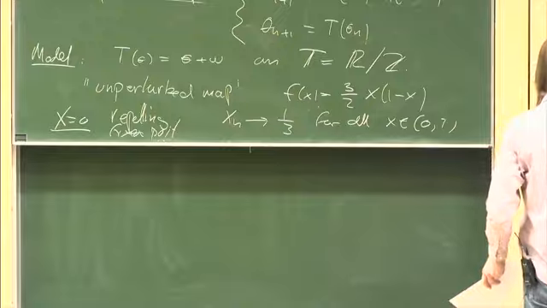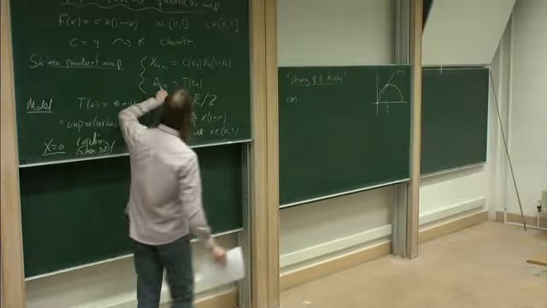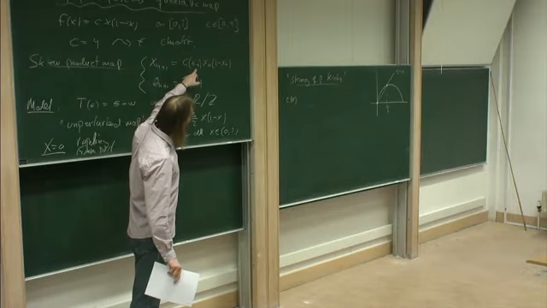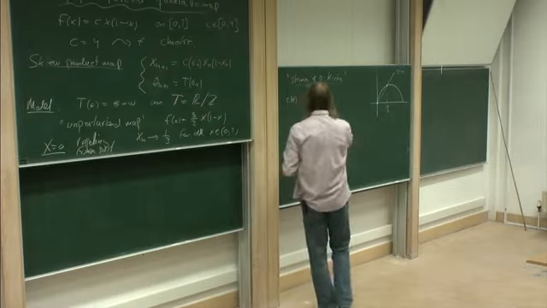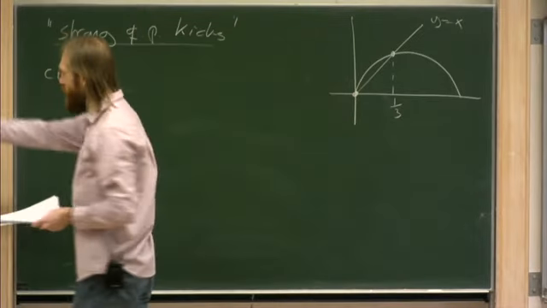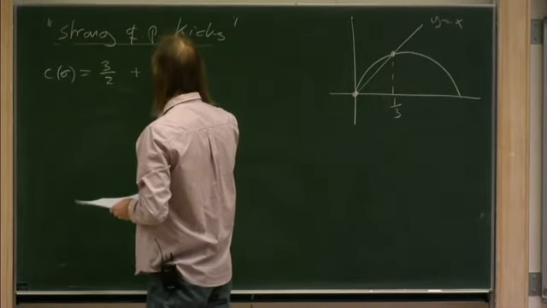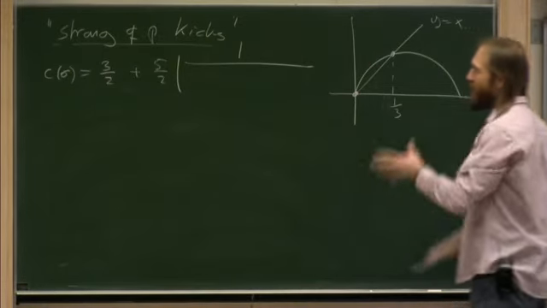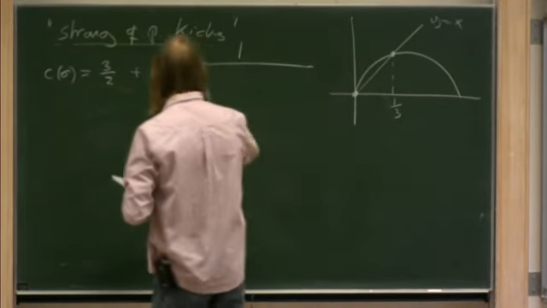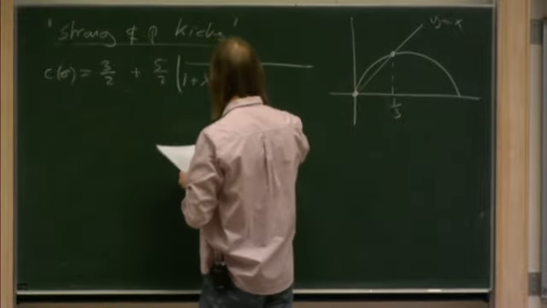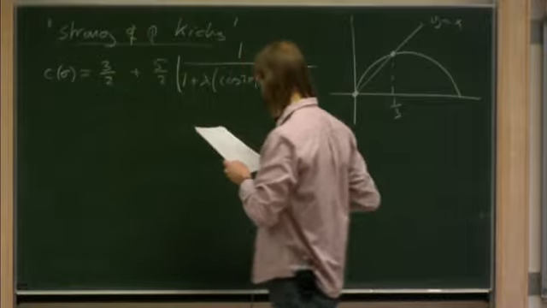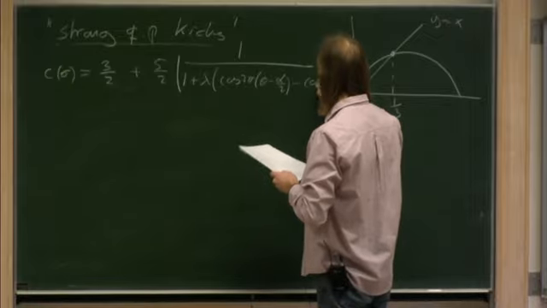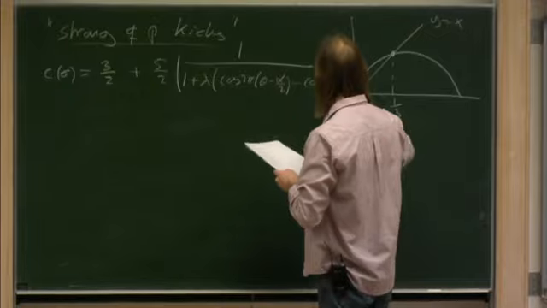I have defined this map. Now I will define how the interaction between the dynamics works. I define c of theta to be the following. It is 3/2 plus 5/2, and then comes the formula here, which is not important, the actual expression, but I write it anyway: 1 plus lambda cosine 2 pi theta minus alpha half minus cosine pi alpha, and then this squared.